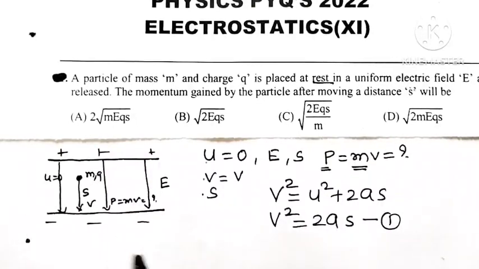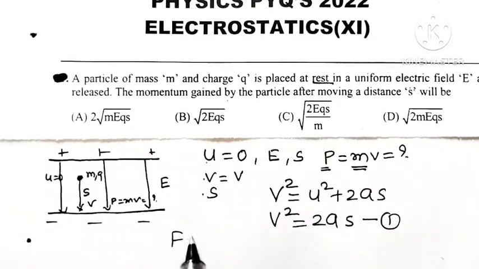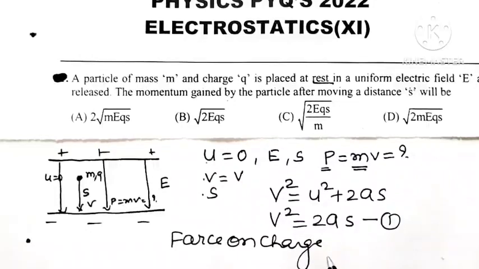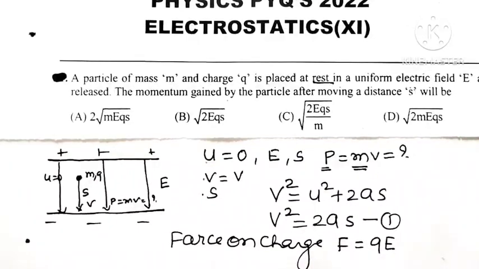Now, what is the force acting on the charged particle? The force F acting on a charged particle q which is kept in a uniform electric field of intensity E is F equal to qE.